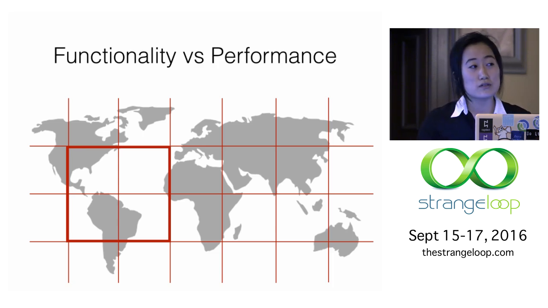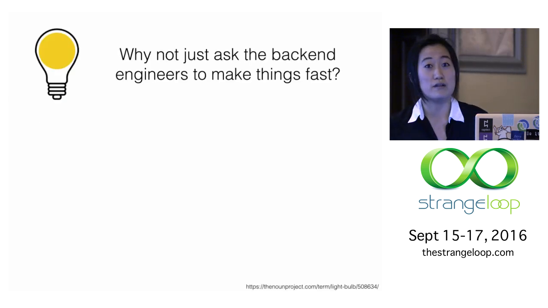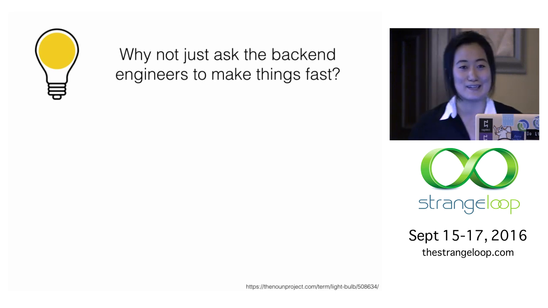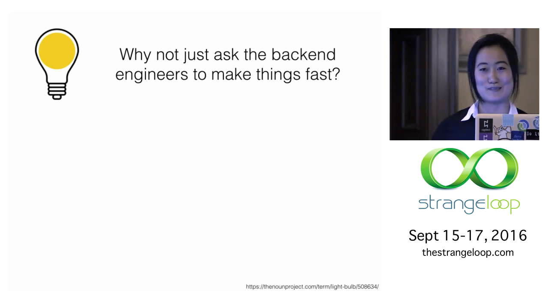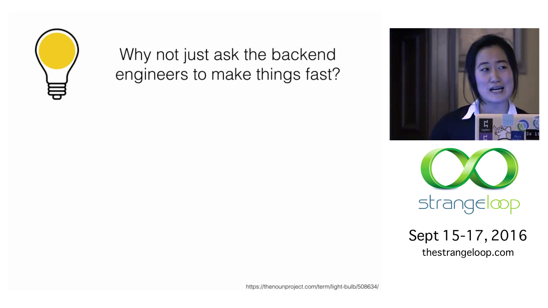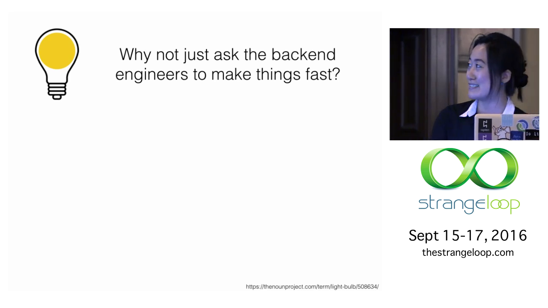Some of you might also ask, why couldn't we just ask the backend engineers to make things run faster? That's always the perfect solution, right? It's none of our front-end engineers' business to deal with any of this crap. So the reason's actually pretty tough, as many of you have laughed, so I imagine this conversation may have happened sometime in the past.